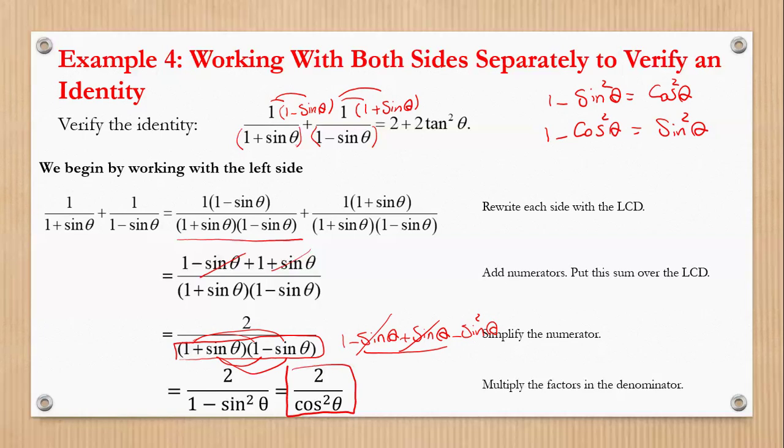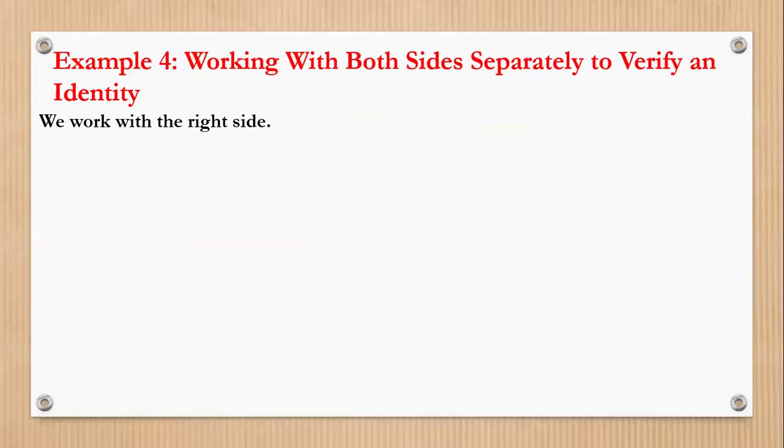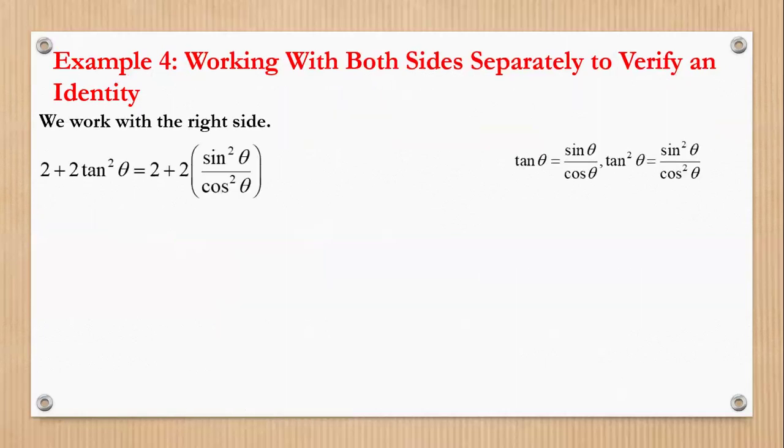If we start working with the right side, on the right side we have 2 plus 2 tangent square. And you know that you can replace the tangent by sine over cosine, which means the tangent square is sine square over cosine square. Then we will have 2 plus 2 sine square over cosine square.